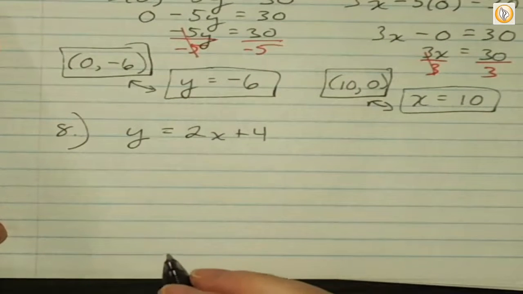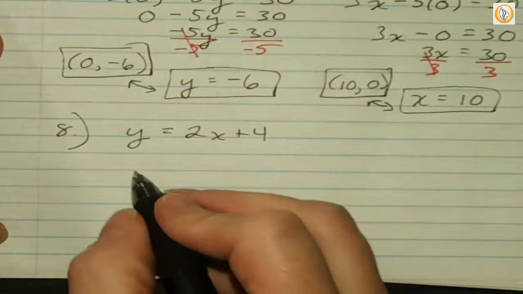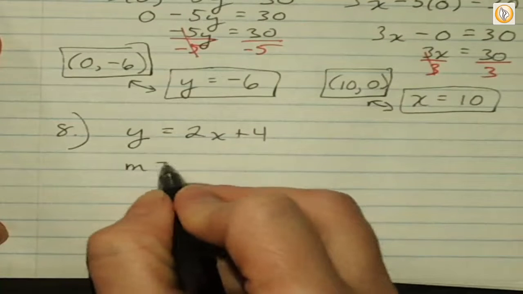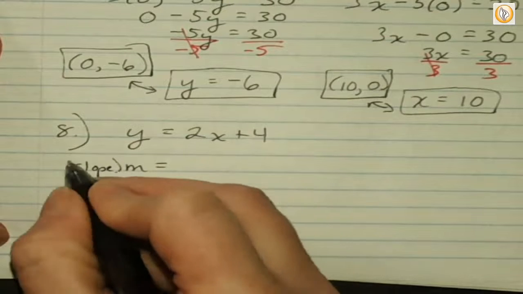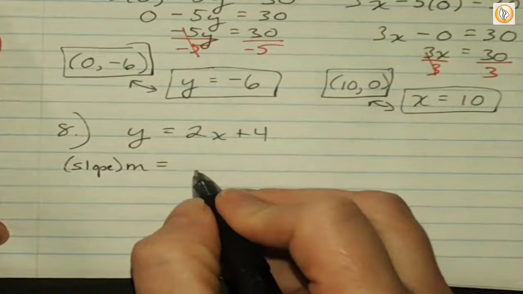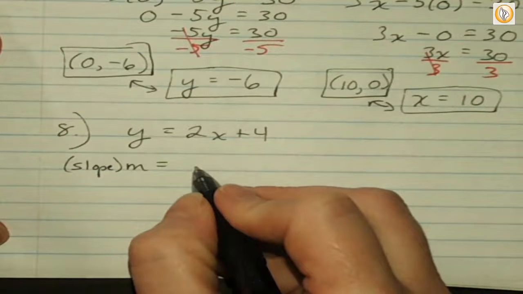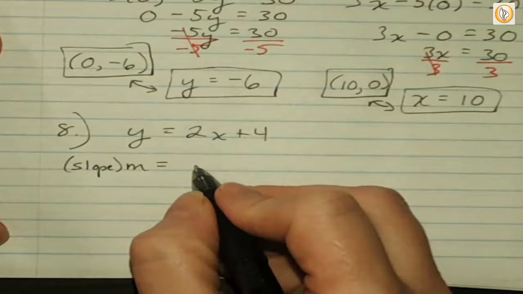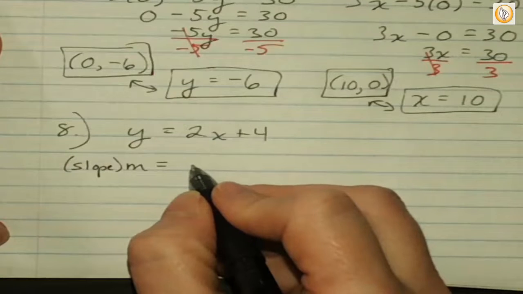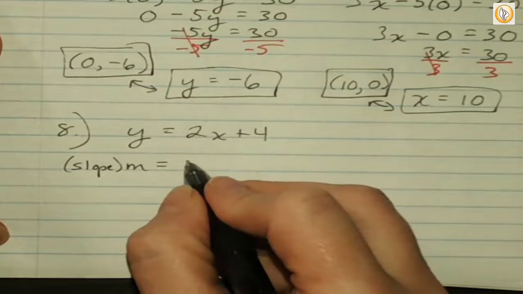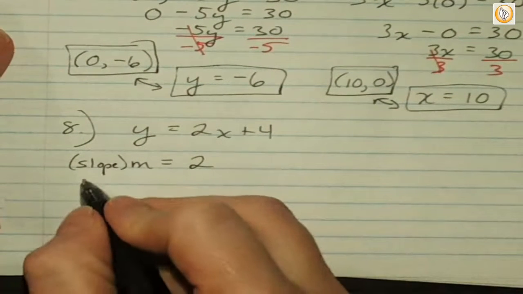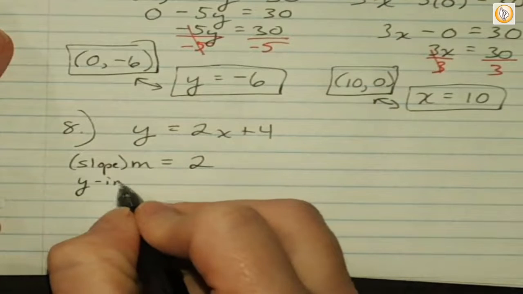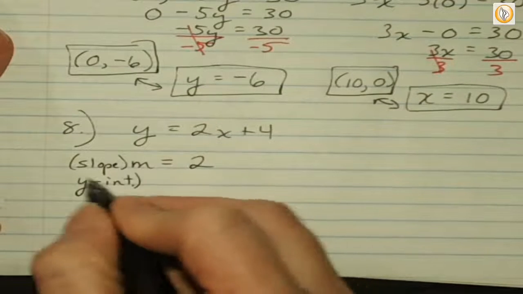All I need to know is, what is the slope? The slope is 2. Very good. What is the y-intercept, Joseph? Y-intercept is 4. Which is b.